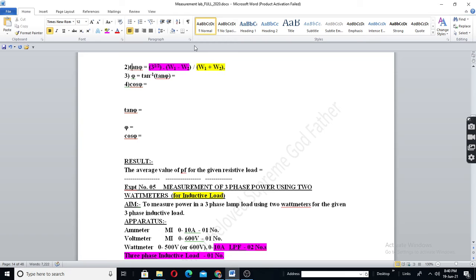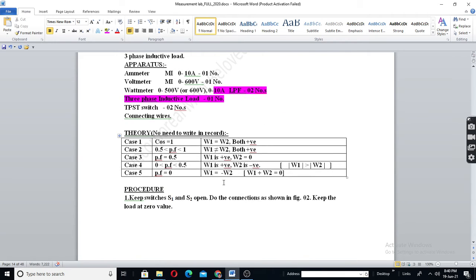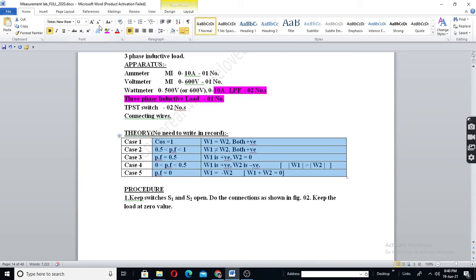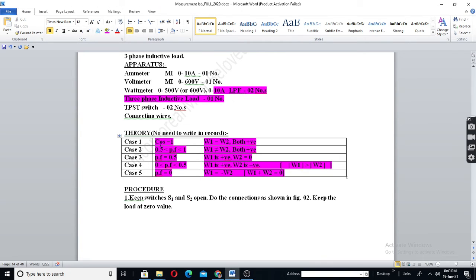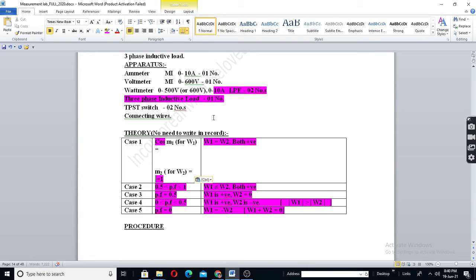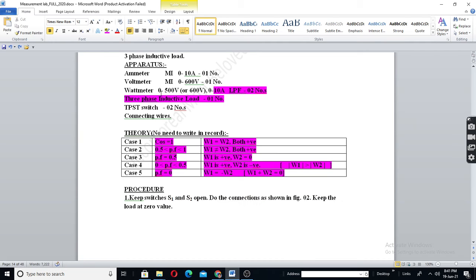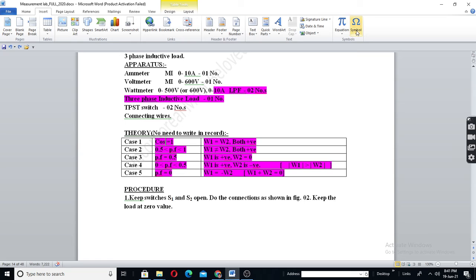In case of inductive load, before that there is theory. See, this is the theory. When cos phi is 1, both W1 will be equal to W2.